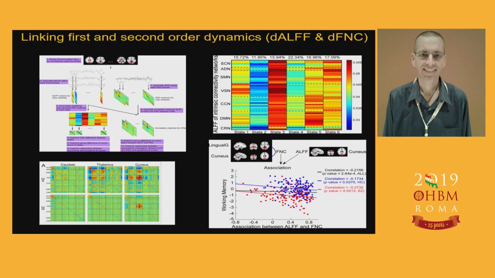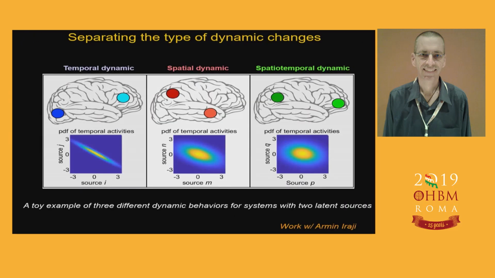And what we're finding is that they don't always converge. Sometimes they converge and sometimes they diverge. So like with most of resting fMRI, the story is a bit complex, but I think there's some interesting information in there, and I think we should be looking at this. We also find a relationship with cognitive scores in the link between, for example, dynamic ALFF and dynamic FNC. Next slide.